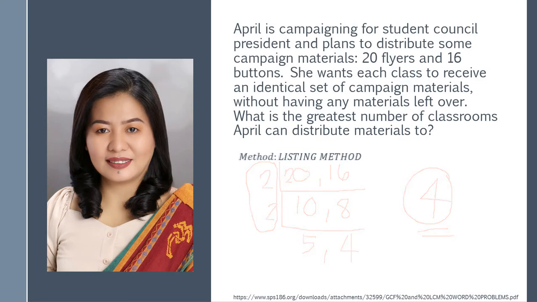We call it the listing method. How do we go about it? With the listing method, all we need to do is list down the prime factors. So for 20 we have 2 times 2 times 5. We'll make use of the multiplication symbol, times.